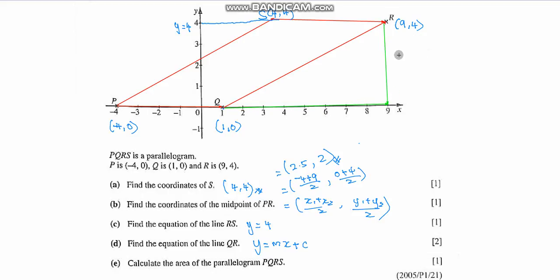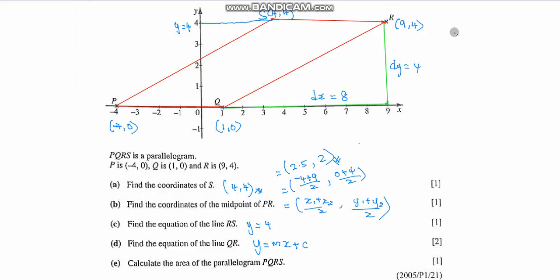Now, to get the gradient of this line, you take dy over dx. That means this vertical distance dy is equal to 4. Dx from here to here is 9 but minus 1 here, so it gives you 8.